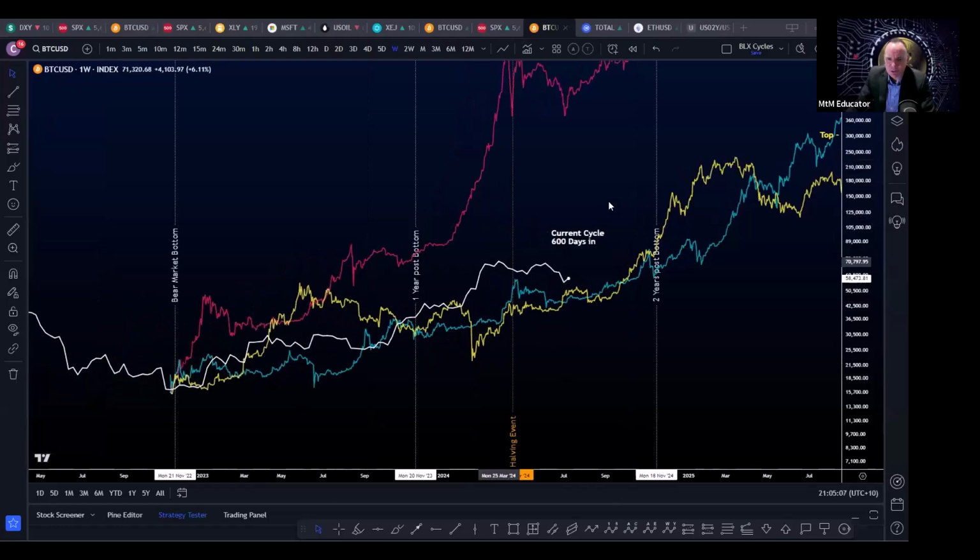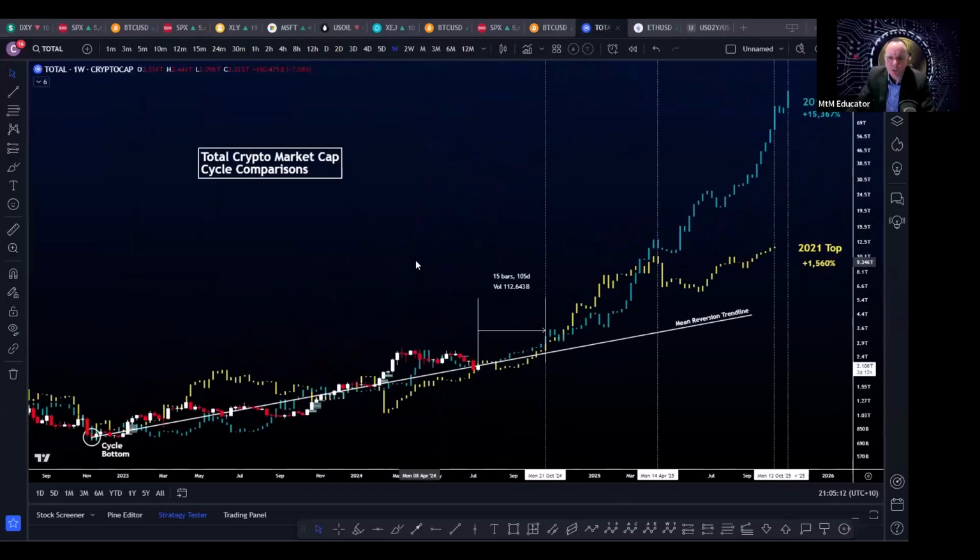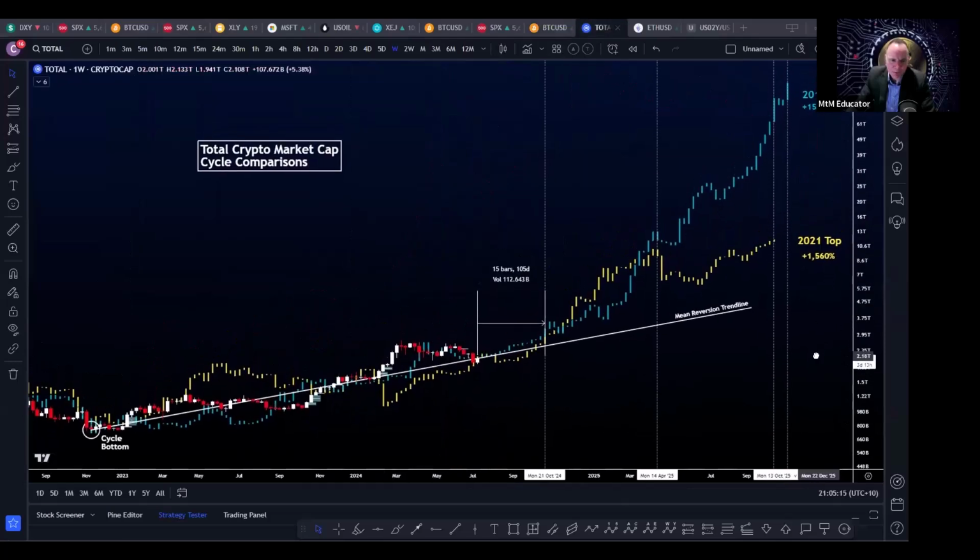You can see this not only on the Bitcoin chart, but also on the total crypto chart, where I've done the same thing. This is total crypto, and this was the cycle bottom, aligning all three cycle bottoms. Here I've drawn what we call the mean reversion trend line. What happens 2 or 3 times during the cycle is that all three cycles merge and come back to this trend line at roughly the same time.